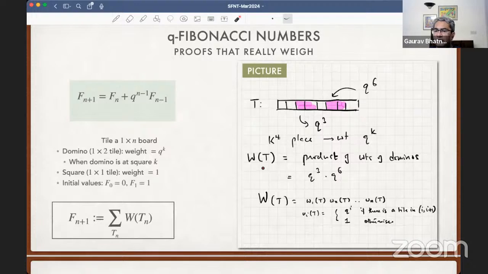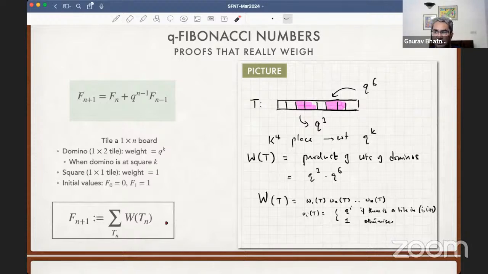And the weight of the tiling is the product of all the weights of the dominoes. So whatever dominoes are there, you put the weights, and the capital W is the weight of the tiling, the product of the small w's. And the Q Fibonacci number is defined as the sum of the weights of all the tilings of an n board.